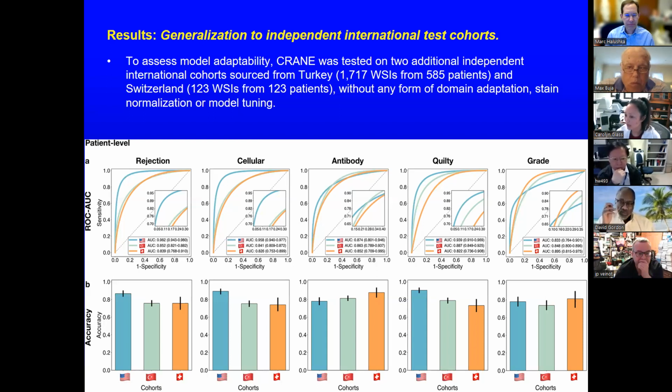Having an independent test set from as many different institutions as possible is important. It strengthens the generalizability of the algorithm, and that's the toughest thing: making sure these things are generalizable and true, working across many different test sets that it hasn't seen yet.